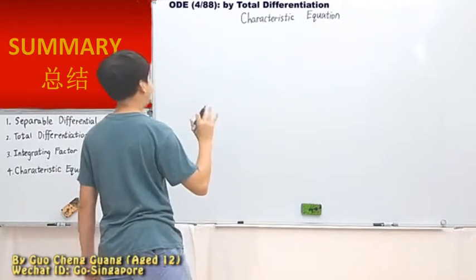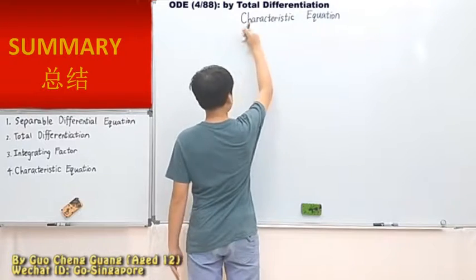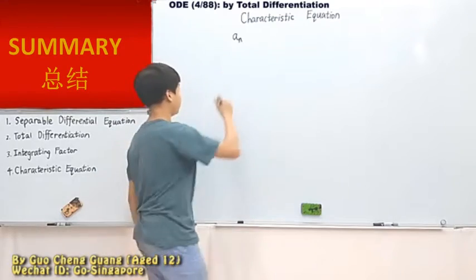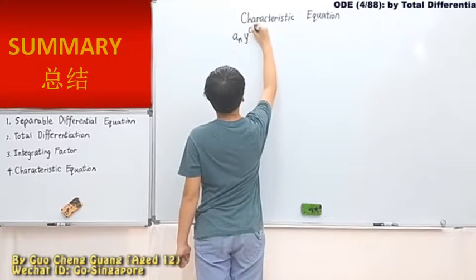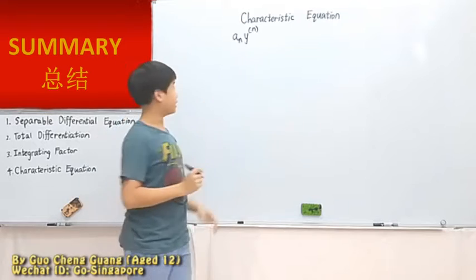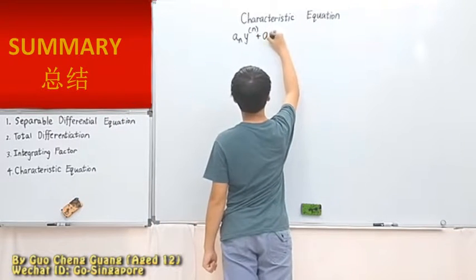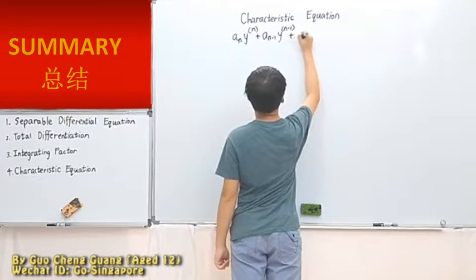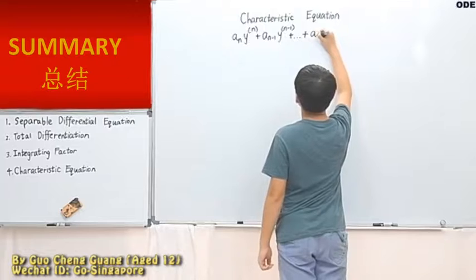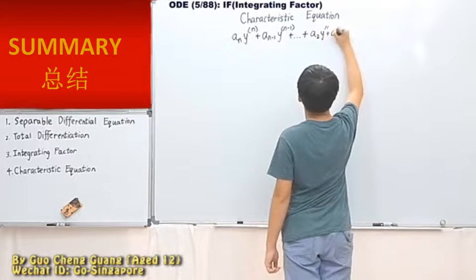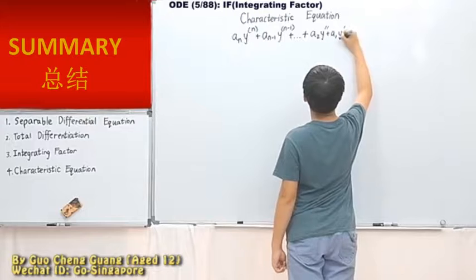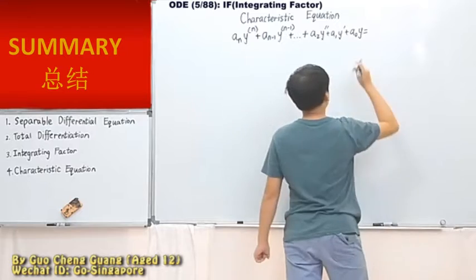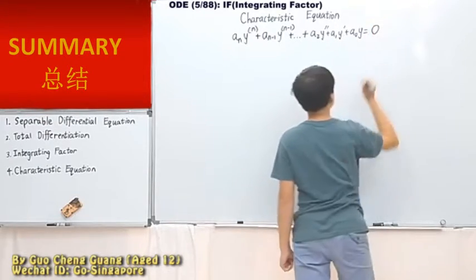For this part of the characteristic equation, this is used for all of these constant coefficients, and this part must be linear. And this keeps on adding until, then this would be equal to 0.